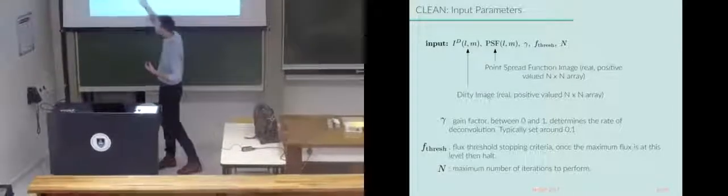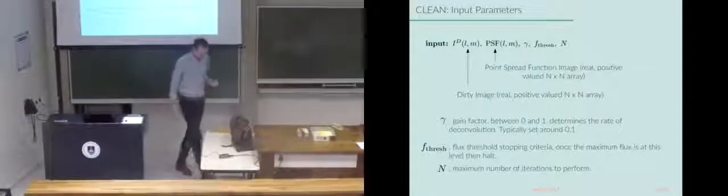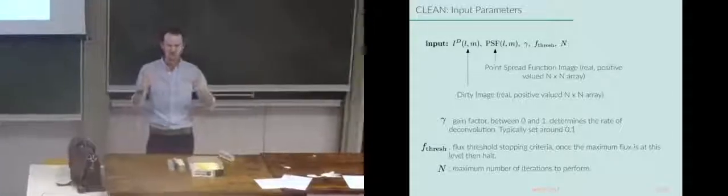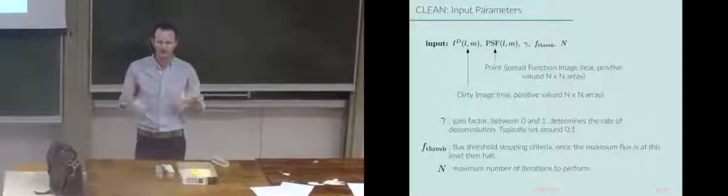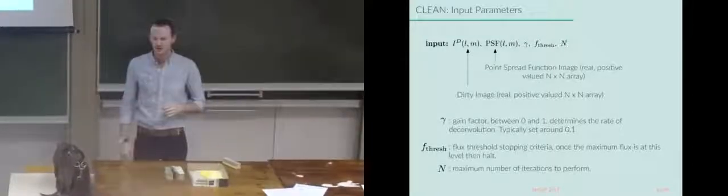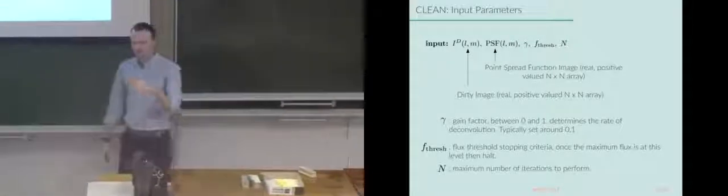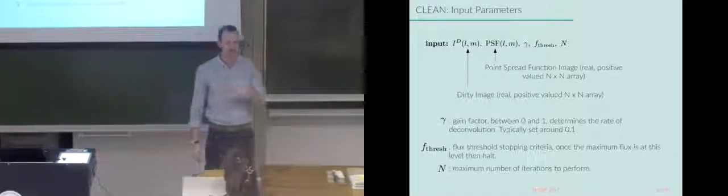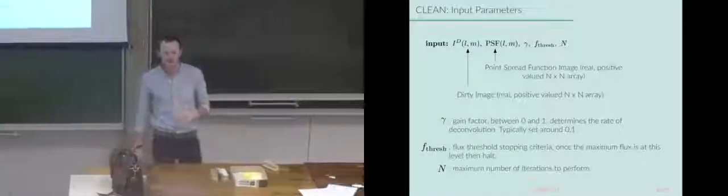So this F threshold, how do you set it? It all comes down to what the science is. Say you make a dirty image, you look at it, and you see there are some sources in there. You can figure out the typical noise floor by looking at the noise in some region that doesn't look like it has sources.